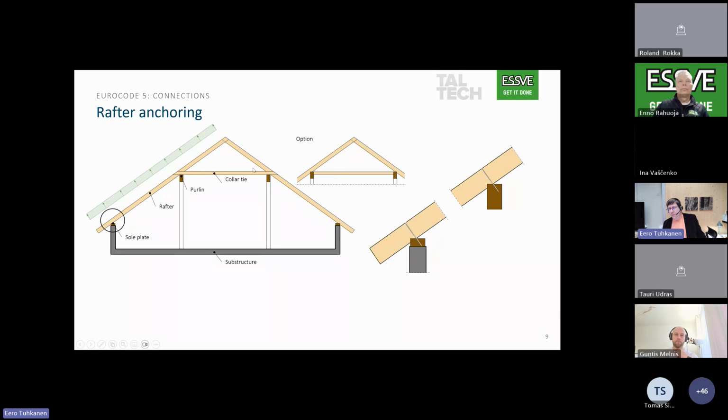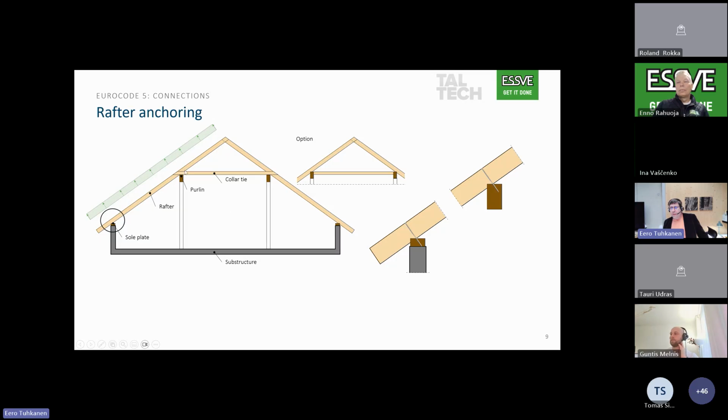This is not only work for the engineer, but also work for the architect, how to design this structure, considering also the room inside the building. So you have to consider that during design.